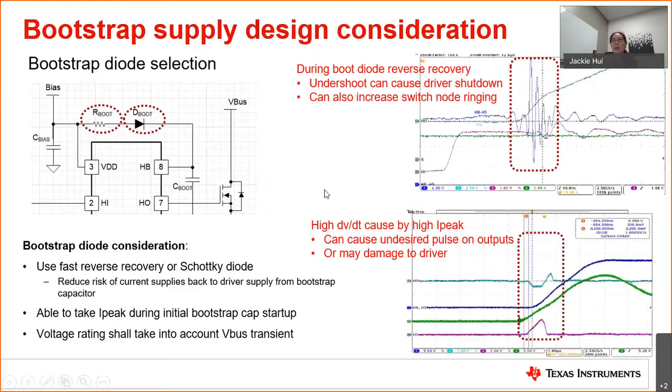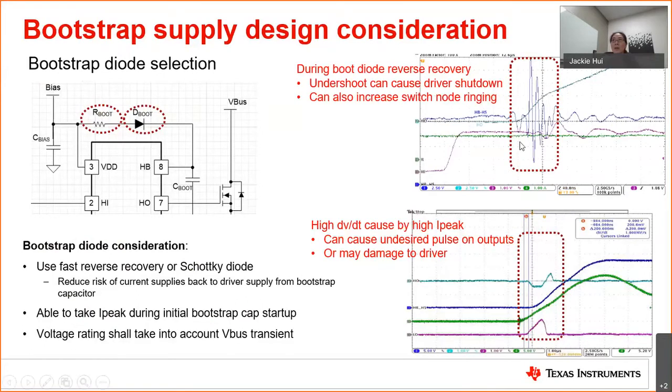The reason for that is if you look at the scope capture on the right-hand side here, the red box highlights the voltage ringing that happened during the reverse recovery. You can see that it's quite heavy ringing that can happen during the reverse recovery, and this ringing can increase the switch noise.